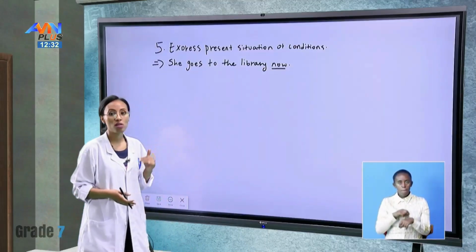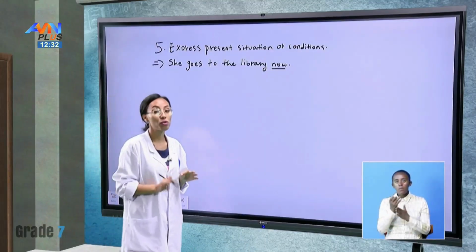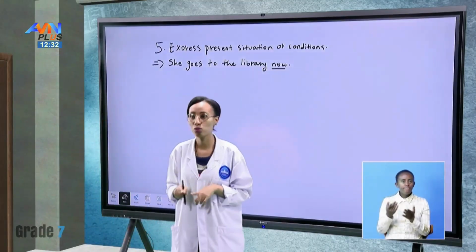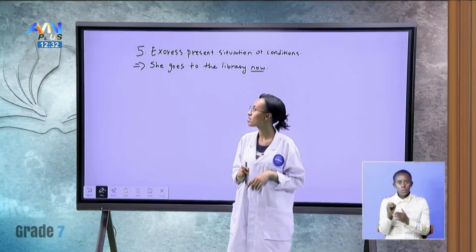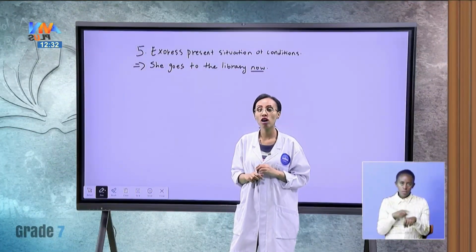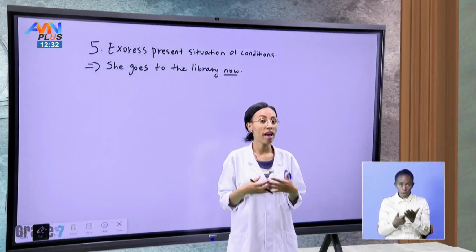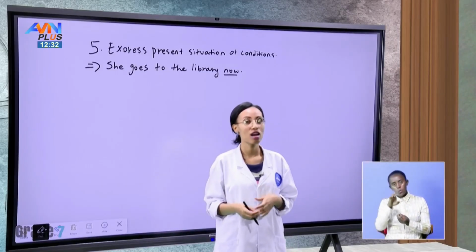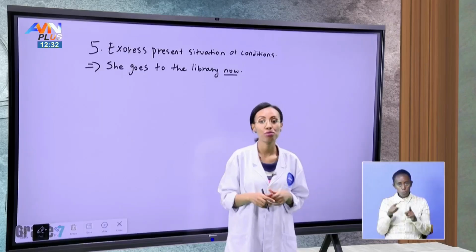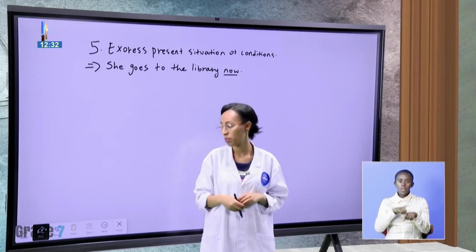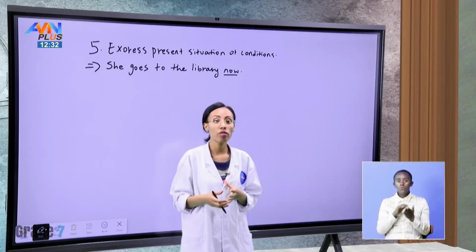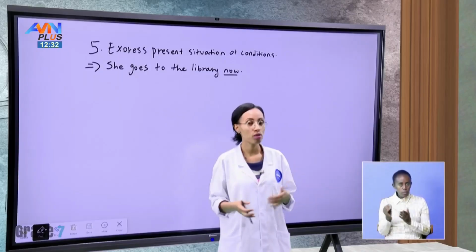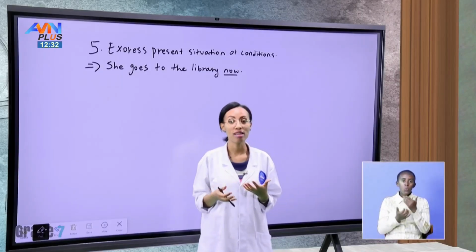So these are some of the most important ways of using the simple present tense. And we also talked about how we add ies or es when we use the simple present tense in the verb. So these were all the ideas that we talked about last time.